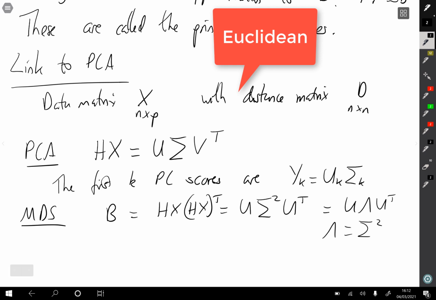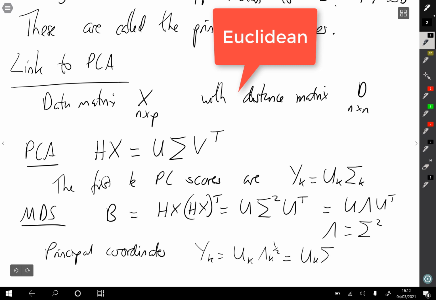This is its eigen decomposition, its spectral decomposition. Then the principal coordinates are Yk equals Uk lambda k to the half, which is Uk sigma k. That's exactly the same as we found for PCA.